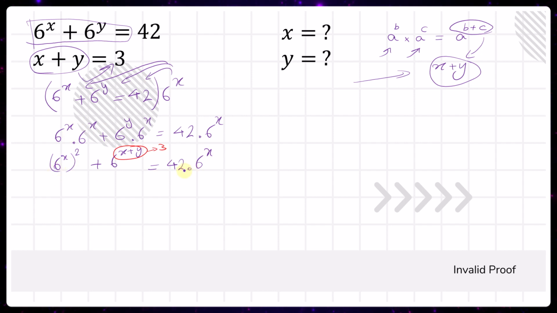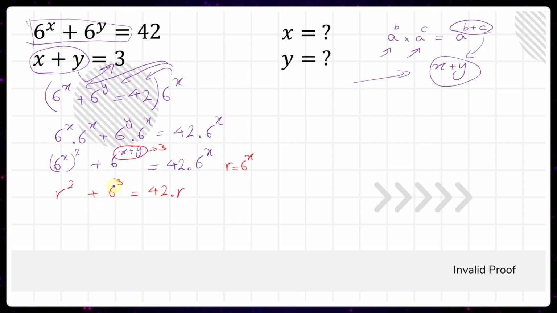And also what we can do is change the variable to something like r, for example. We replace 6 to the power of x with r, so we would have r squared plus 6 to the power of 3 equals 42 multiplied by r.